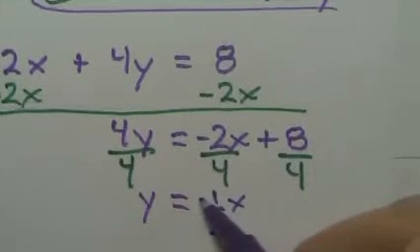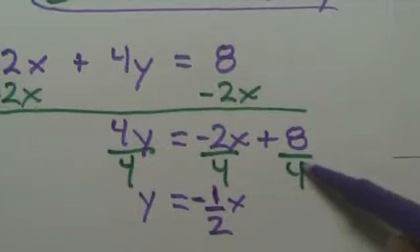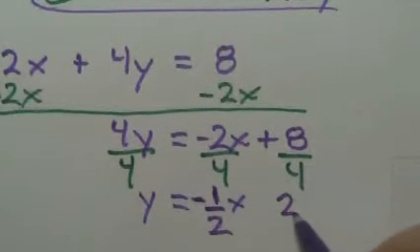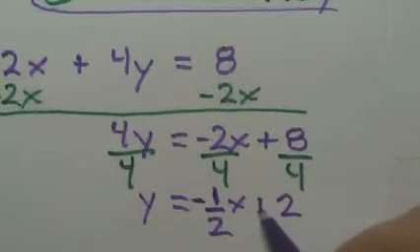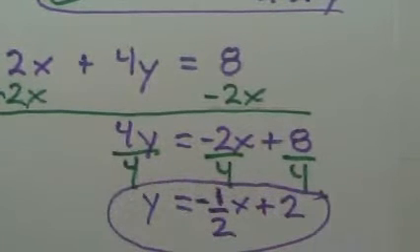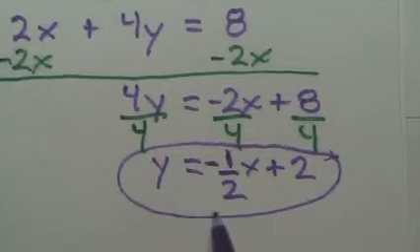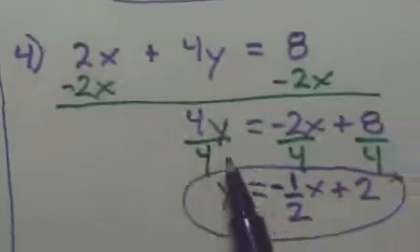And there's one negative, so it's negative 1/2. Then I have 8 divided by 4, well, that's 2. And it's positive, so it's plus 2. And that's it. We got y all by itself. See that? We just took the opposite, and then we divided.